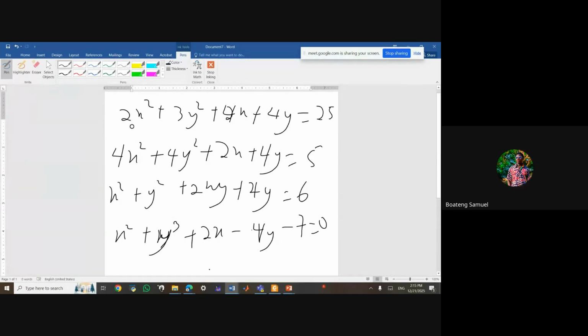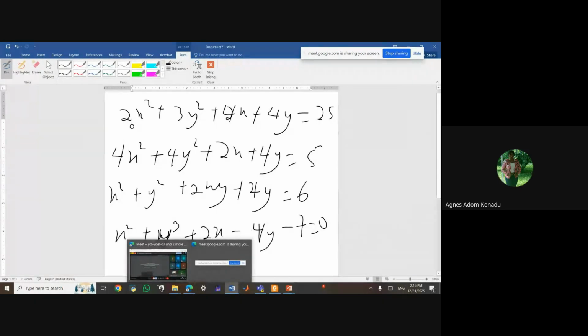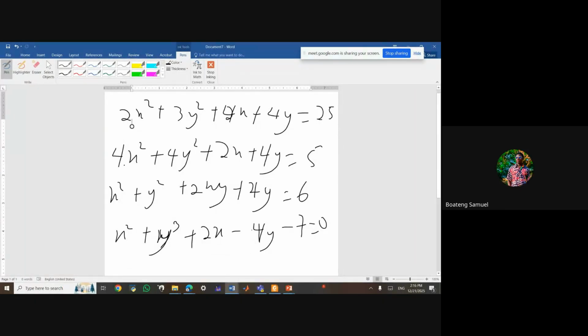Why? Because the coefficients of x squared and y squared are the same, and there's no xy term in it. And what again? The degree of x and y is 2. Thank you very much.